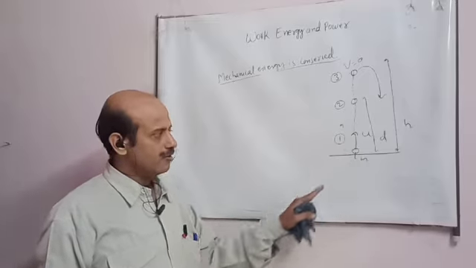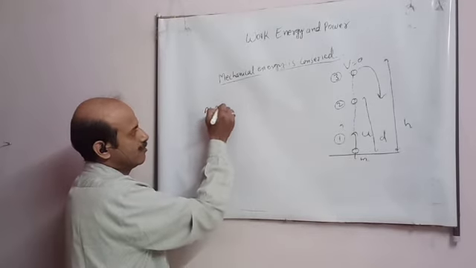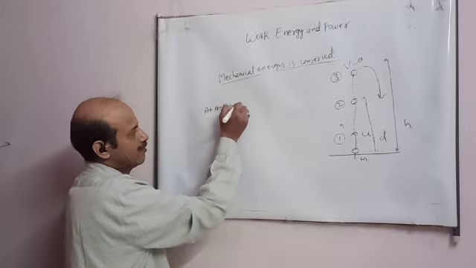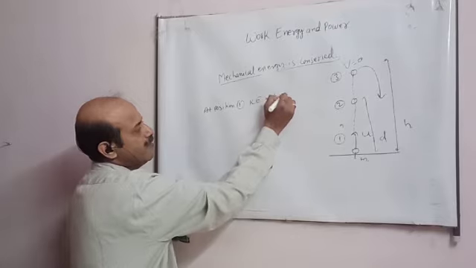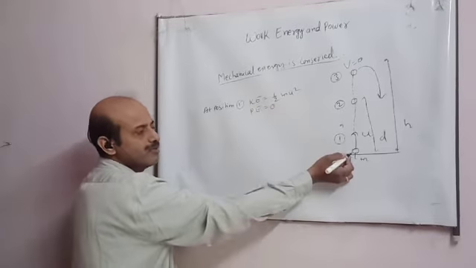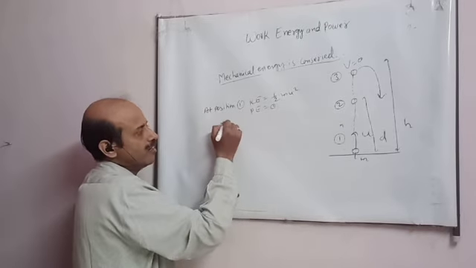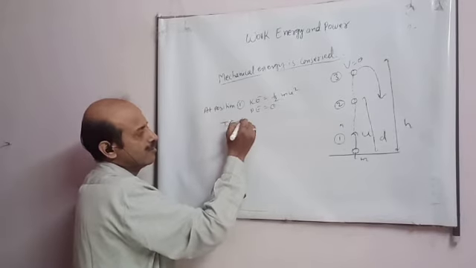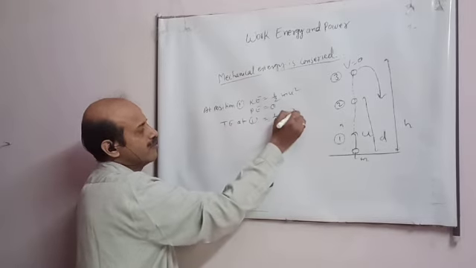So at position 1, student, kinetic energy was half mu square, and potential energy was 0, student, because it is on the ground. Height is not there. Just I have thrown it. Okay. So total energy at position 1 is half mu square.